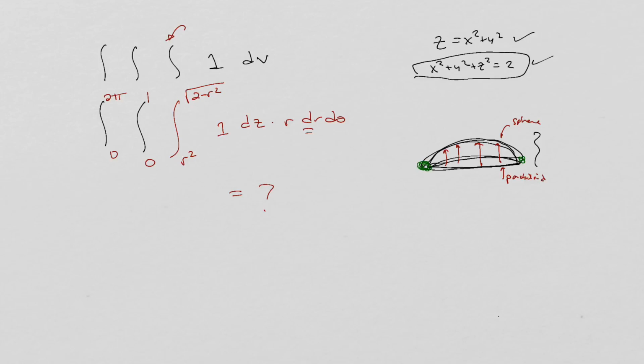Doing a little bit of work, the answer you should get looks something like this, assuming I did everything right. I think it's negative 7 over 6 plus 4 times the square root of 2 over 3, times pi, which seems pretty obvious when you take a look at it.